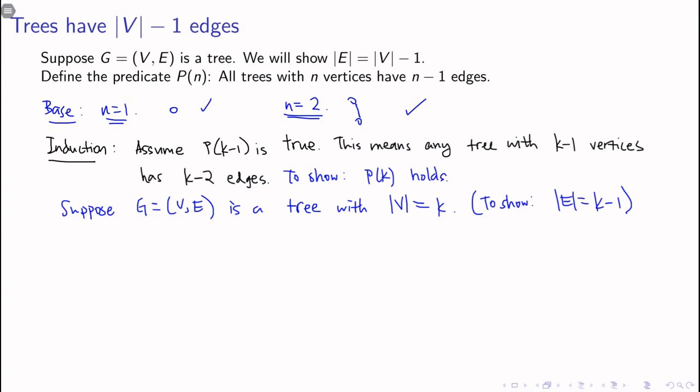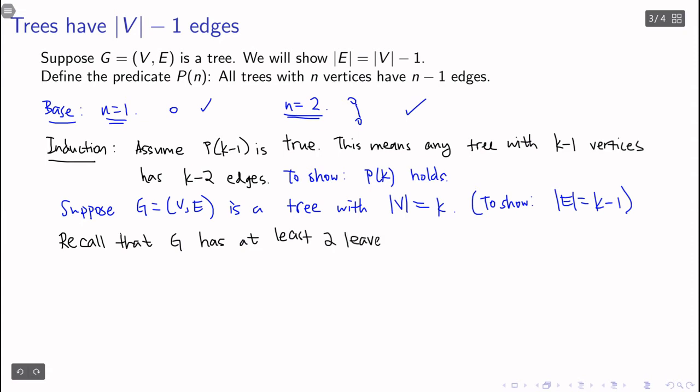Okay, so how is that going to work? Well, remember that we've proven that G has at least 2 leaves. Right, because it's a tree. So let's say small v have degree 1.